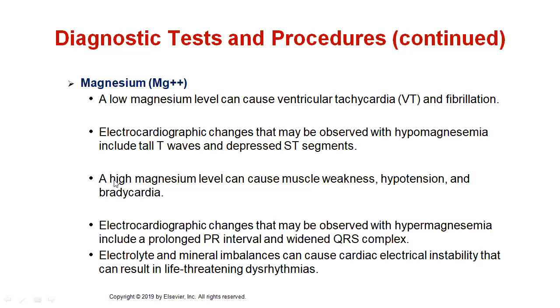Right? Central nervous system effects. Electrocardiographic changes that may be observed with hypermagnesemia include a prolonged PR interval and widening QRS complex.